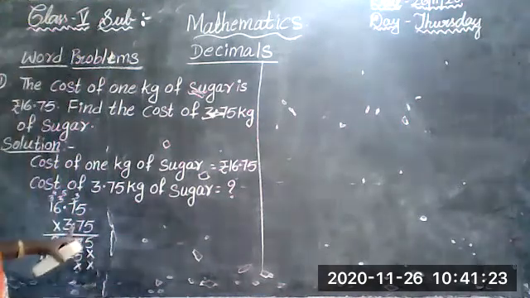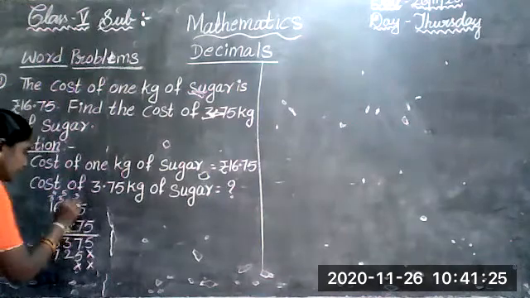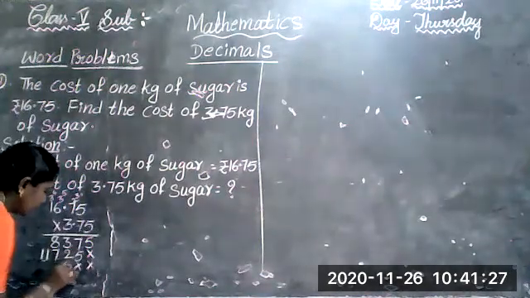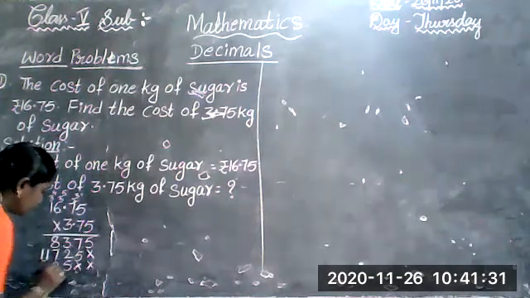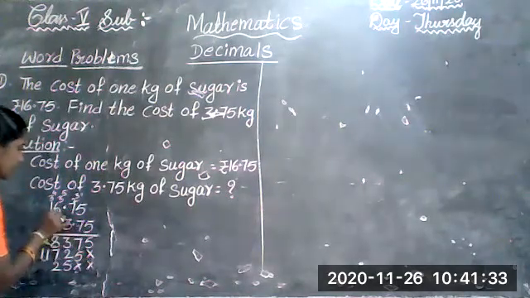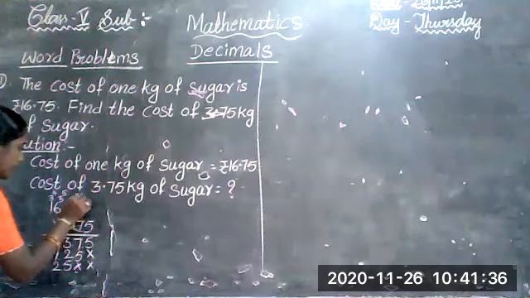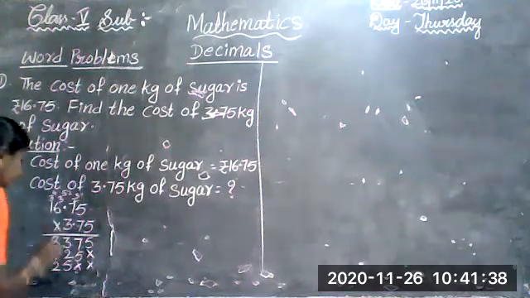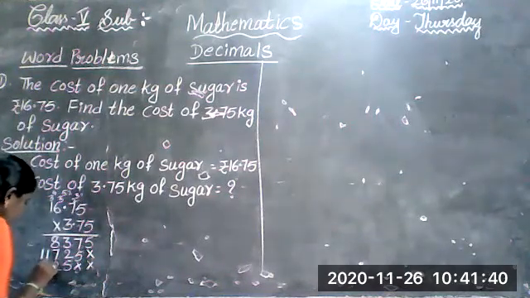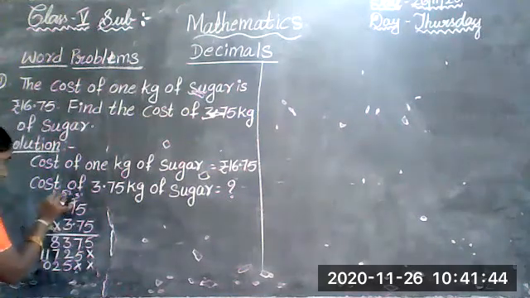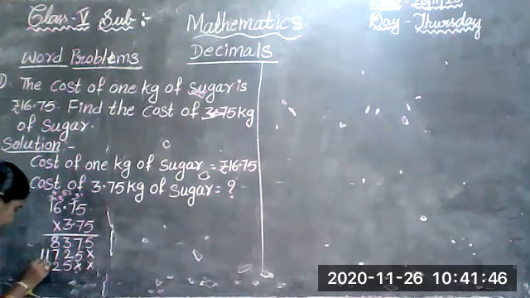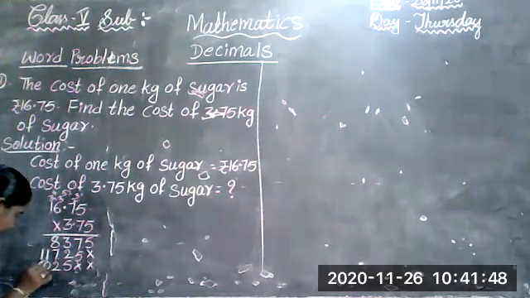Yes, 3 5s are 15. 3 7s are 21 plus 1, 22. 3 6s are 18, 18 plus 2, 20. 3 1s are 3, 3 plus 2, 5.